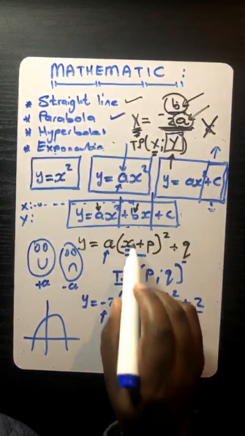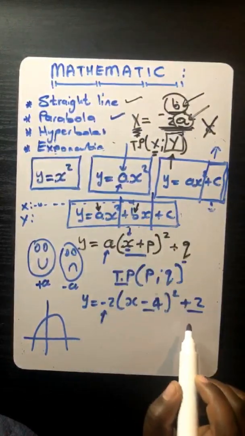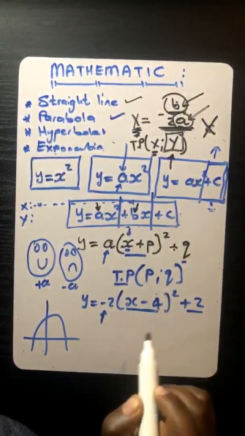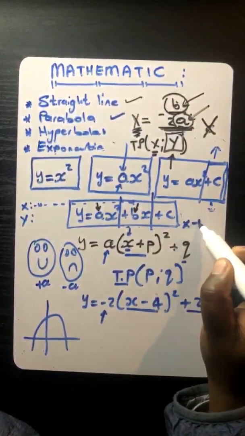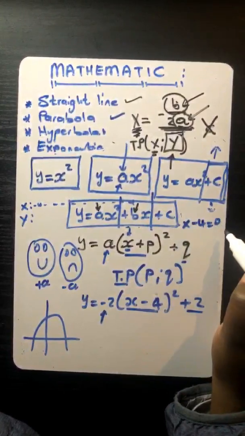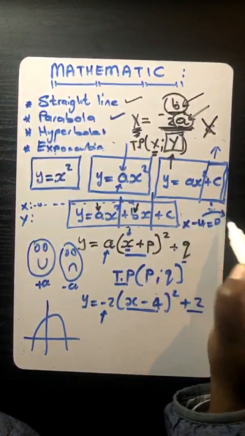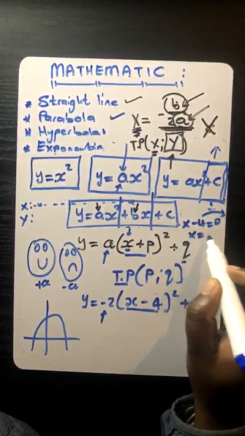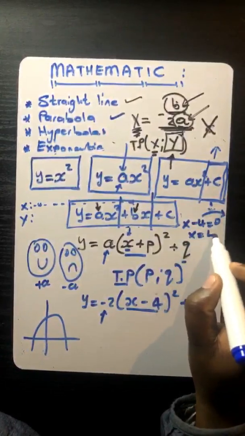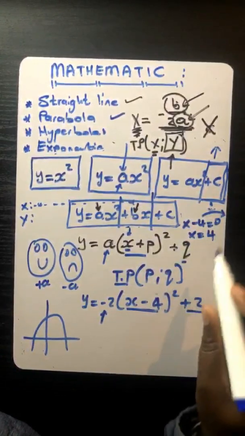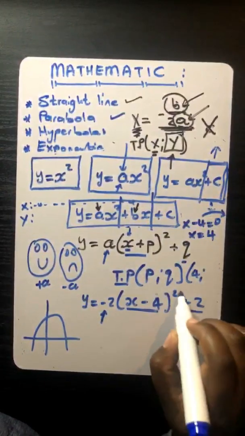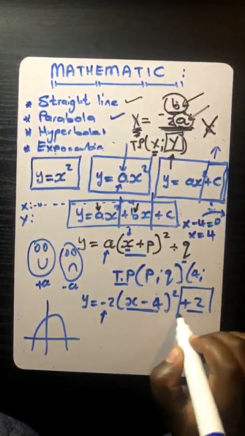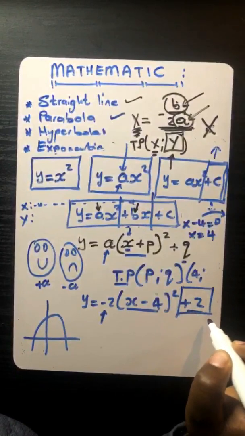What is the x value of the turning point? You equate x minus 4 to 0, always, and then transpose, so x equals positive 4, because the sign changes. So for your turning point, the x value is 4. The q value, you take as it is, with its sign, always.